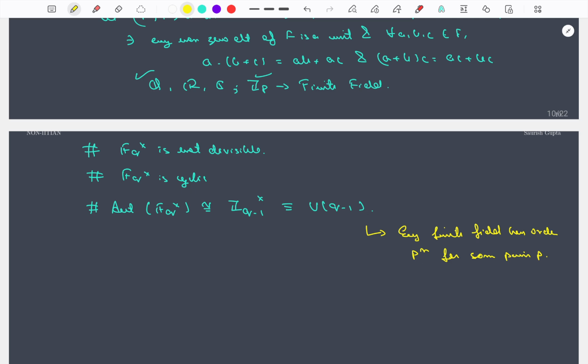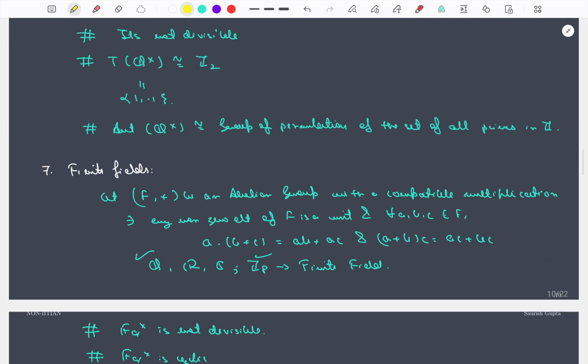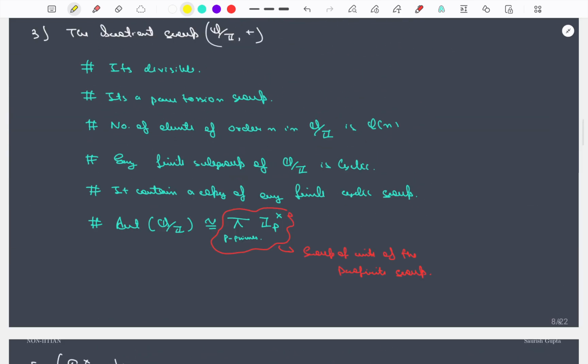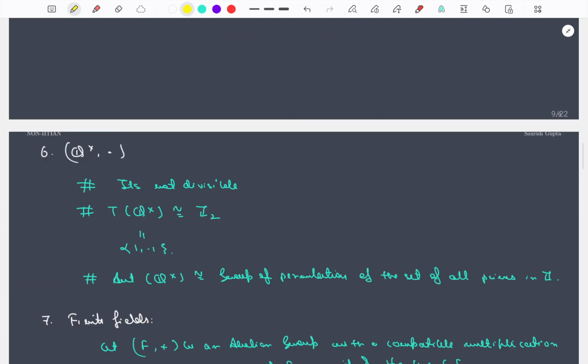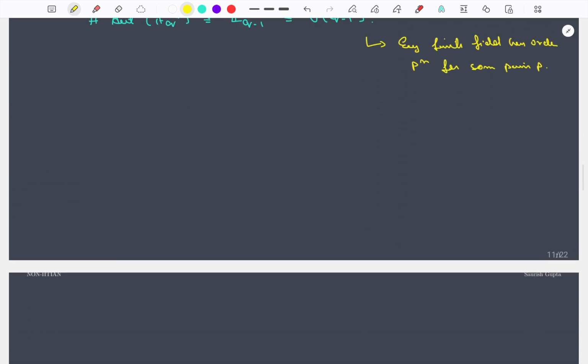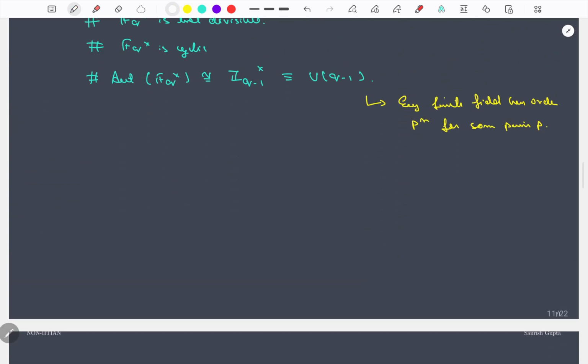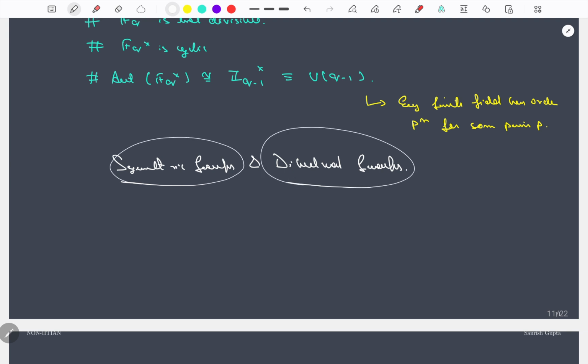Okay, yeah. So in some sense we have discussed a lot about the important group structures, and I hope it was useful. In the next lecture, we will be starting with symmetric groups and dihedral groups. I don't think I will be able to cover all of those in one single lecture, but I'll try to cover symmetric groups in a lecture and then dihedral groups in a lecture.